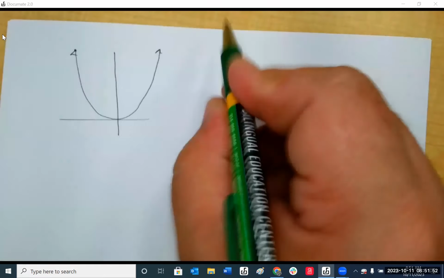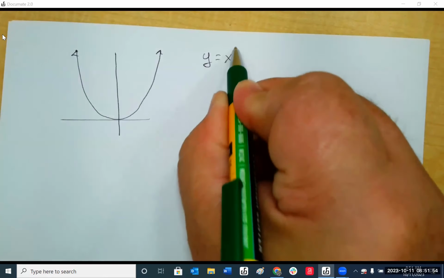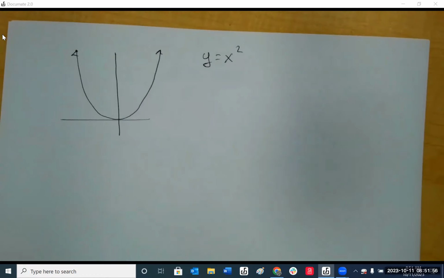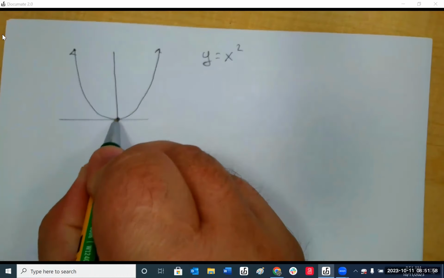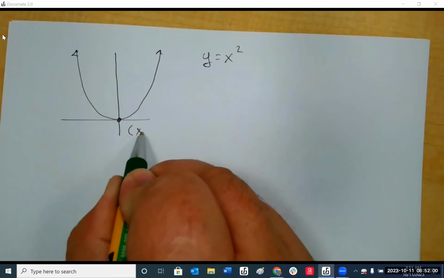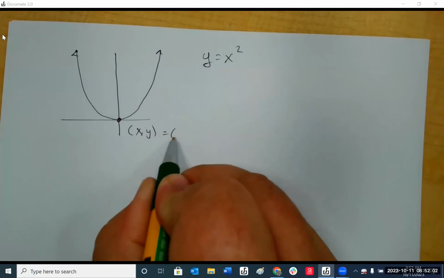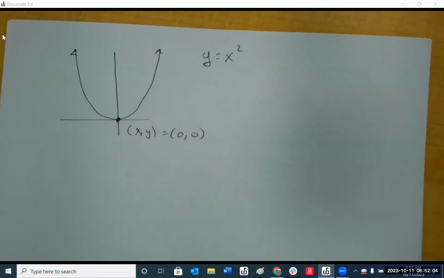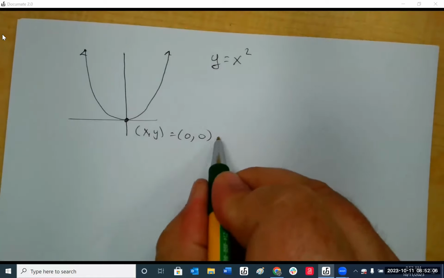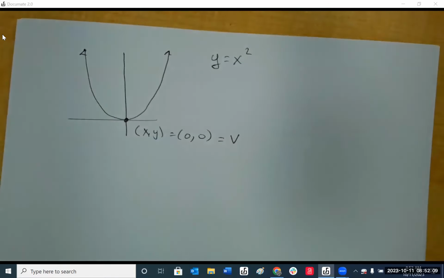This is what the graph of x squared looks like. This is the vertex. It has an x and a y point. In this case, it's 0, 0. That's the vertex in this example.